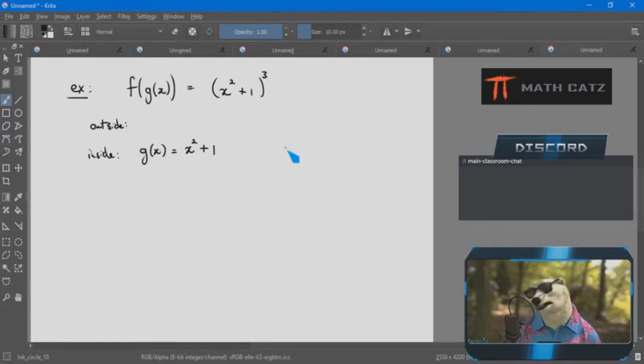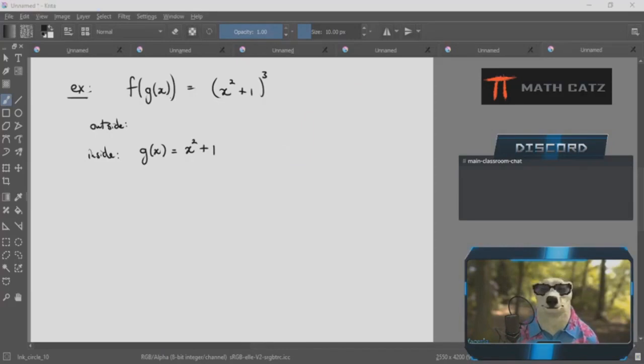Once you have settled on your inside function, this is my choice. I think that this composition is built from two functions, and my inside function, I think, is x squared plus 2. What would you say is the outside function that then has to go with it to create my given function?